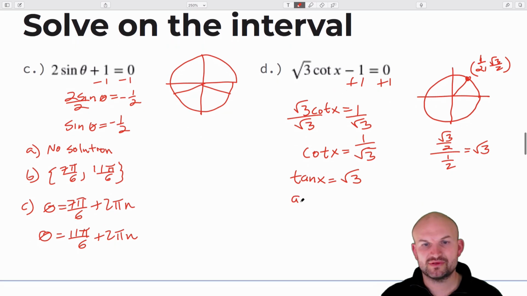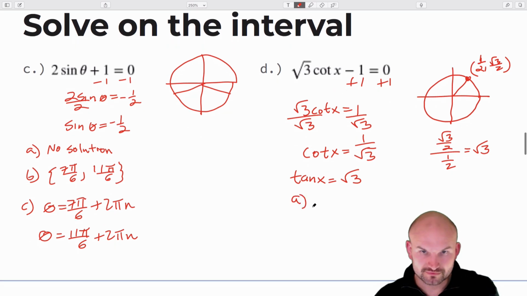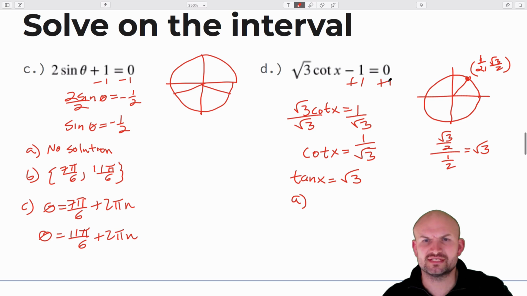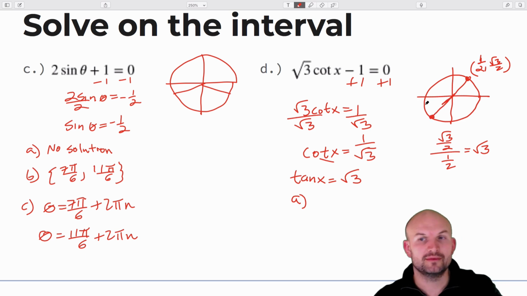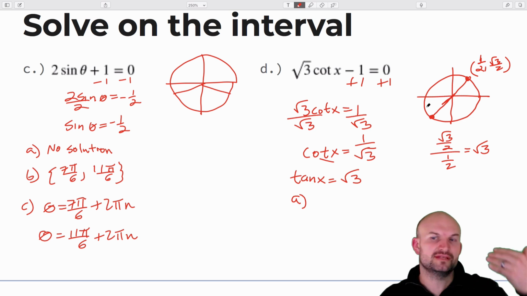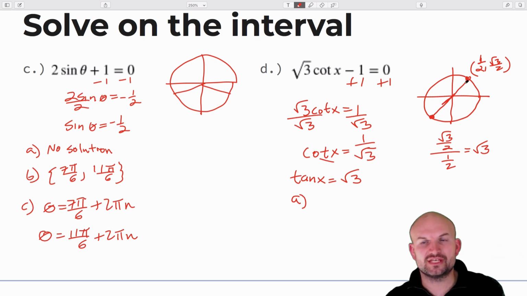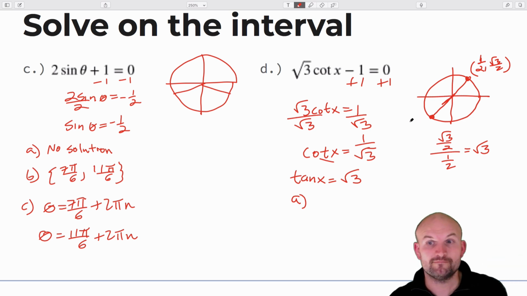And for instance, the last thing I forgot is tangent's positive, right? So remember, tangent and cotangent are only positive in the first and the third quadrant, right? Because that would be negative 1/2, negative square root of 3 over 2. So these are the two angles where my tangent is going to be positive.